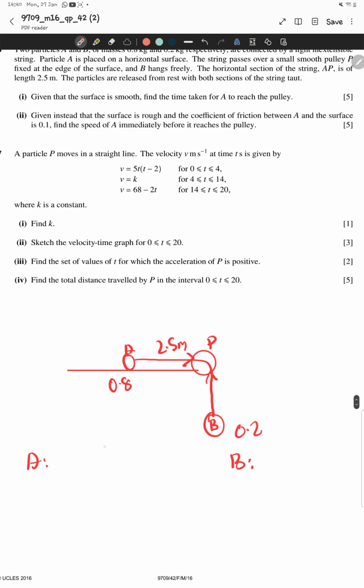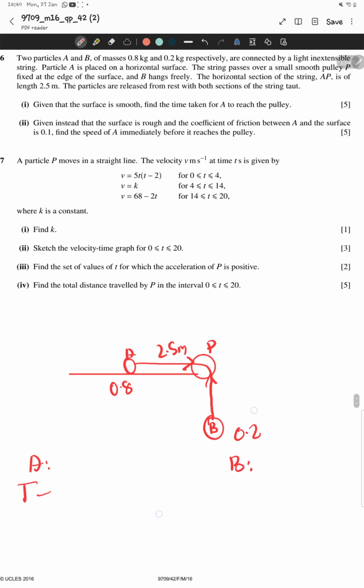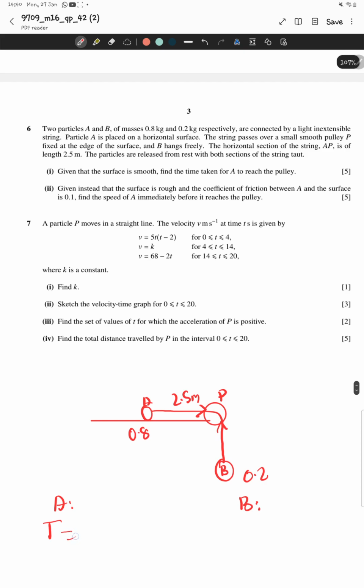So the forward force is T minus, and they said the surface is smooth, so there's no backwards force. So T equals ma, because it's forward minus backward equals ma. So m is 0.8, a.